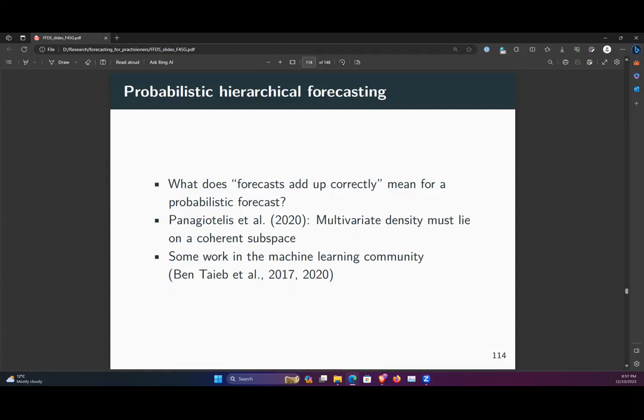Which means that you don't just add up for each and every individual, but the formula is more like the marginal probabilistic density of the higher level should be the sum of all the individual variables of the probabilistic density functions of the lower levels. So in that way, you can model the probabilistic hierarchical forecasts.